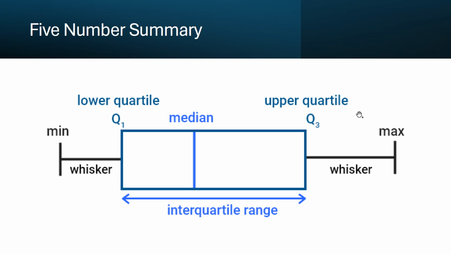So we have the minimum, we have the maximum, we have the first quartile, that's the 25% of the values, we have the third quartile, we have the median, the 50th percentile, and the difference between the Q3 and Q1 called interquartile range.